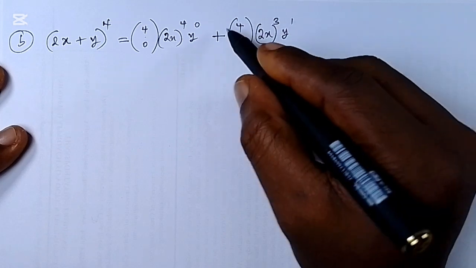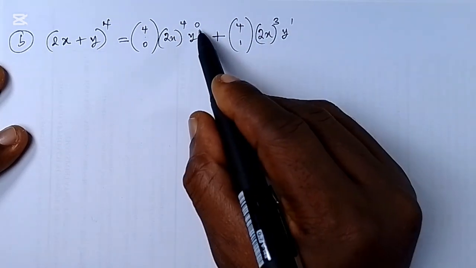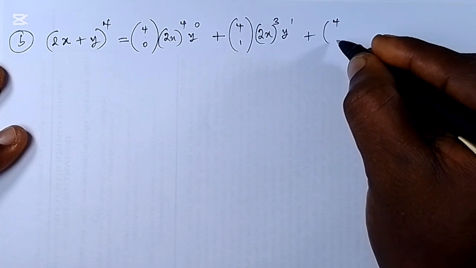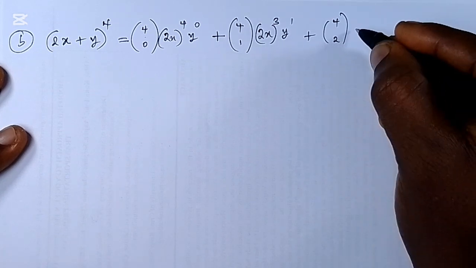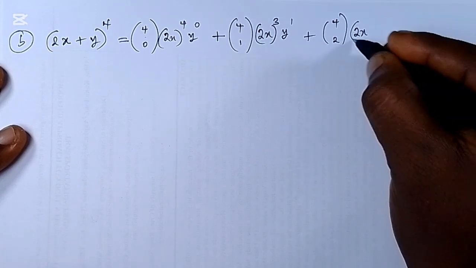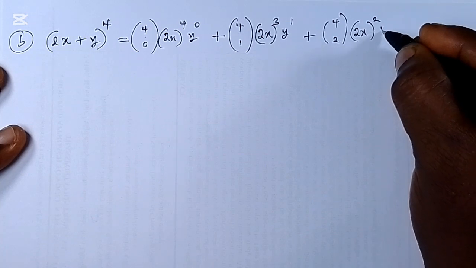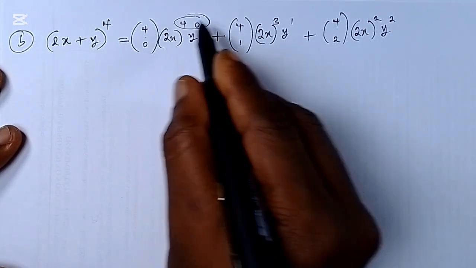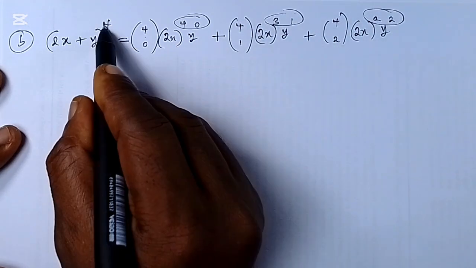So this decreases from 4 to 3, and this increases from 0 to 1. Now you move again to 4 combination 2, and 4 combination 2 would have 2x raised to power 2 here, and this will be y raised to power 2.